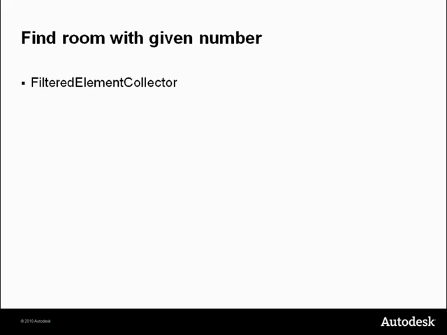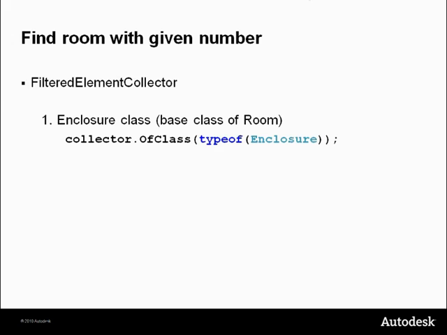In our case, we can get back the element we need only using Revit API. So first we need to create a filtered element collector. We can also specify the object type we are looking for using the of-class function, which dramatically reduces the element set and so makes further filtering quicker. In this case, however, we cannot look for a room, but can look for its base class, which is called enclosure.